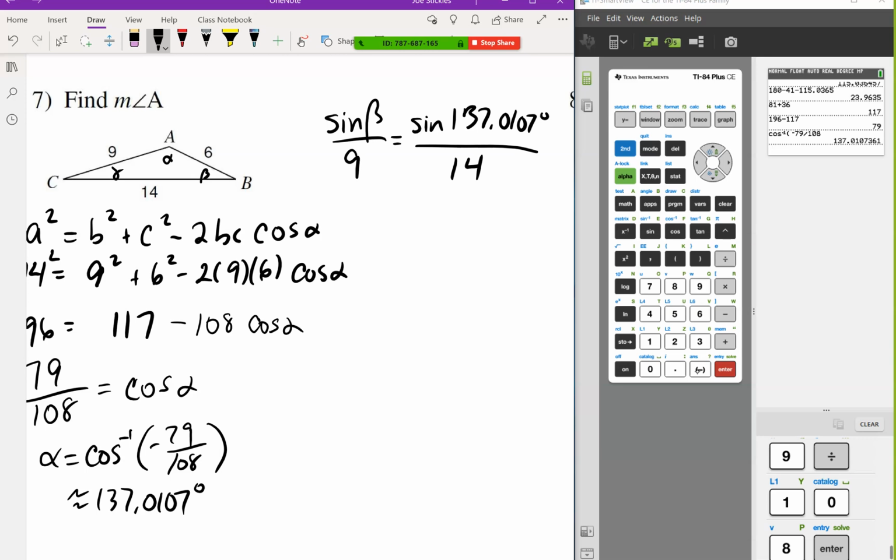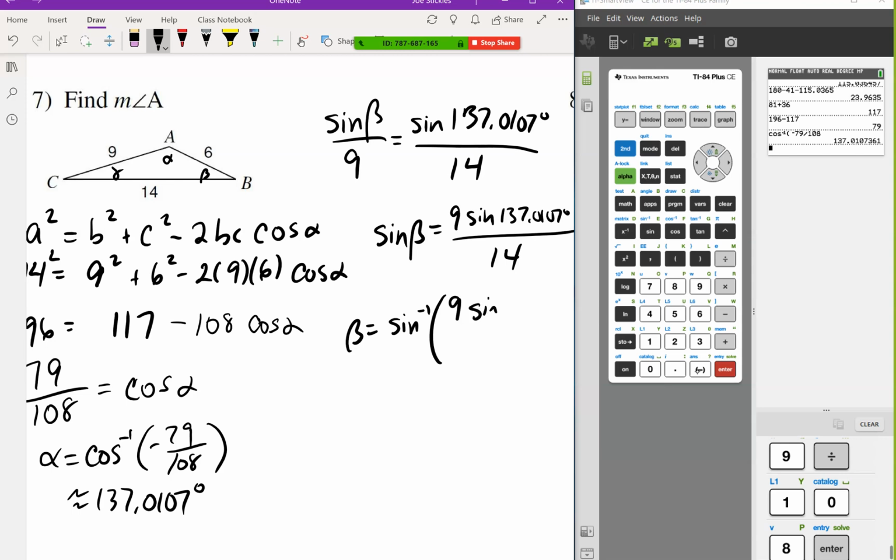Multiply both sides by 9. And then I would take the inverse sine of it. You can type this in your calculator as you go along if you like seeing the numbers. I personally prefer to do it all at once.